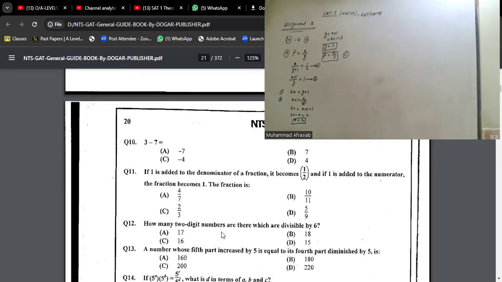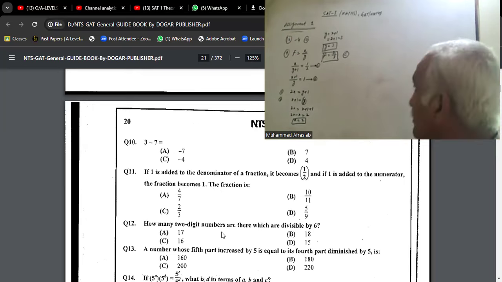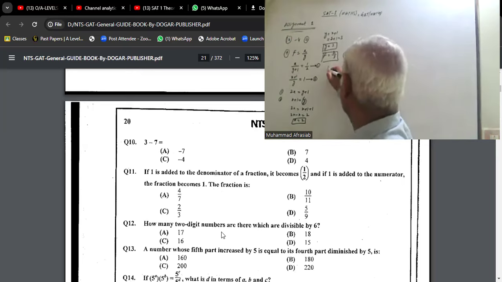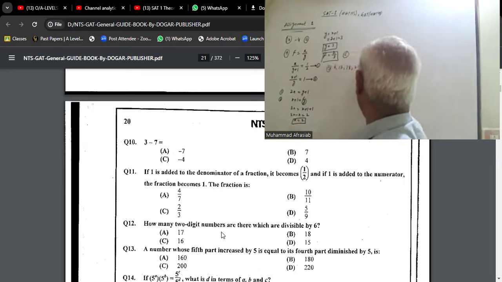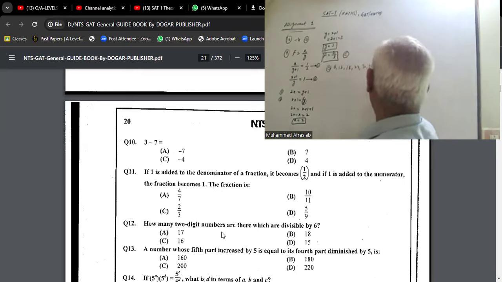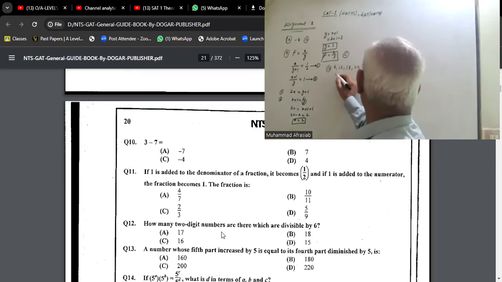Since we are going to find out first the list of the 6 table, it should be equal to 6, 12, 24, 30, 36, 42, 48, 54, 60, 66, 72, 78, 84, 90, 96, 102, and so on.